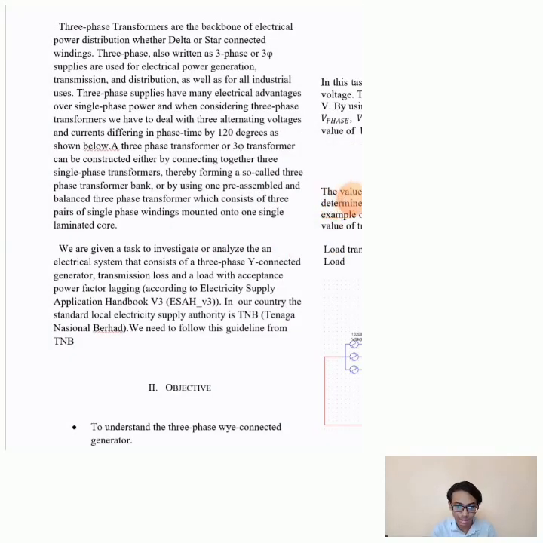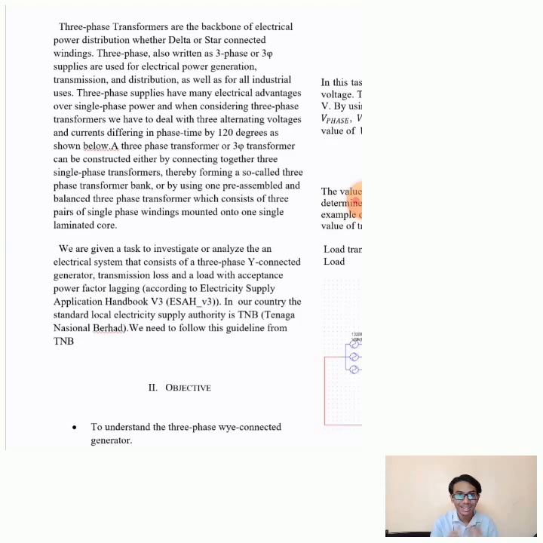Next, we need to evaluate the parameters of the electrical system in the context of transmission and load acceptance: load impedance, currents, voltage and acceptable voltage drop based on BS 7671 or any Malaysian authority standard.